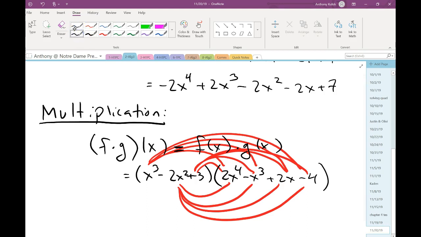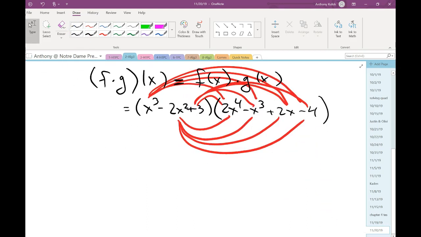So I'm going to introduce you guys to a method called the grid or the box or the rectangle or whatever you want to call it. It's really the same thing as foiling. It's just going to be useful for keeping track of all of these little multiplications. And it actually makes life pretty easy, although it takes up kind of a lot of space.